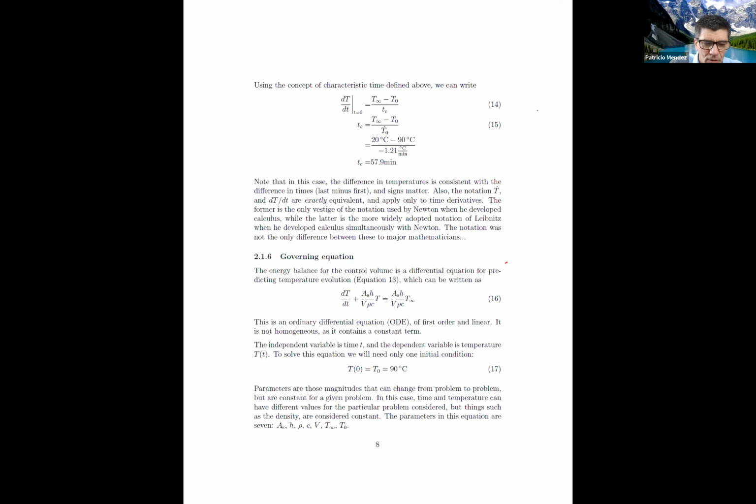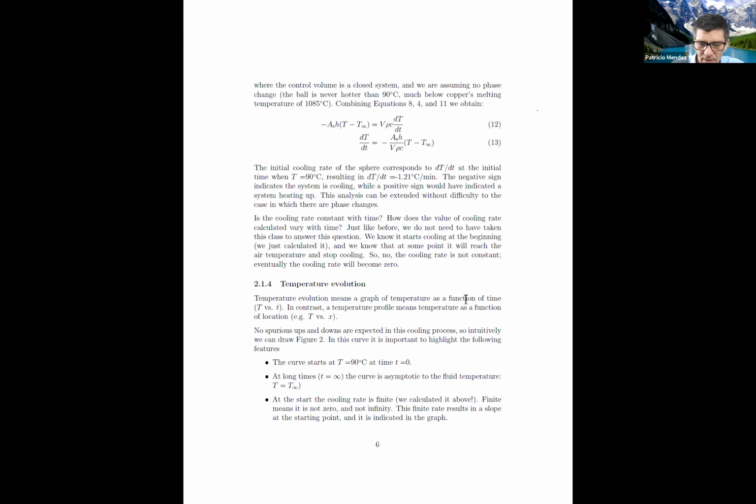Okay, so going back to our analysis of the cooling of a sphere, look at this. If we take the equation that we had on the previous page, equation 13, which we did when we tried to calculate the initial cooling rate, we can redistribute it.